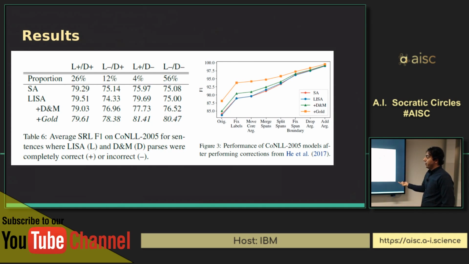A lot of insights, I think, can be generated from this table. One would be that with gold parses, obviously they perform well.